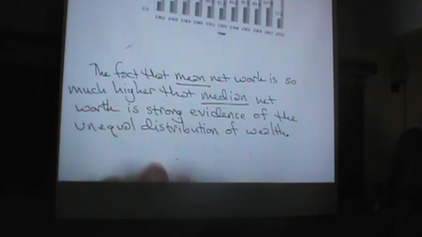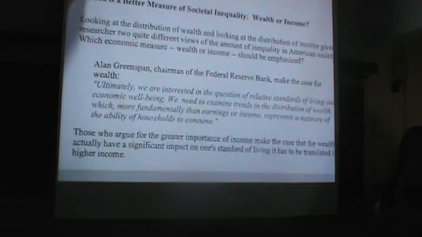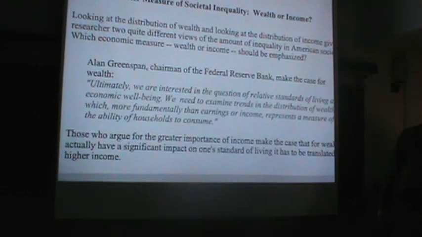The fact that the mean net worth in the U.S. is so much higher than the median net worth is strong evidence of the unequal distribution of wealth in the U.S.